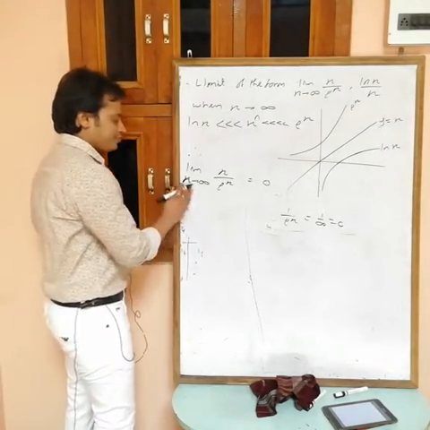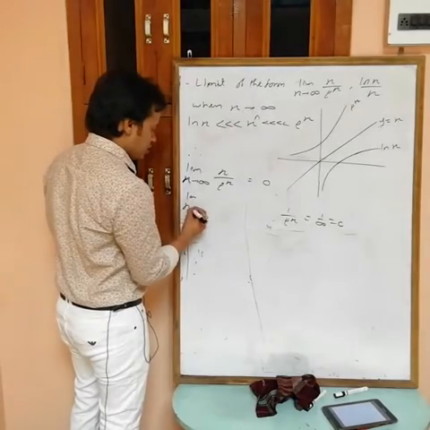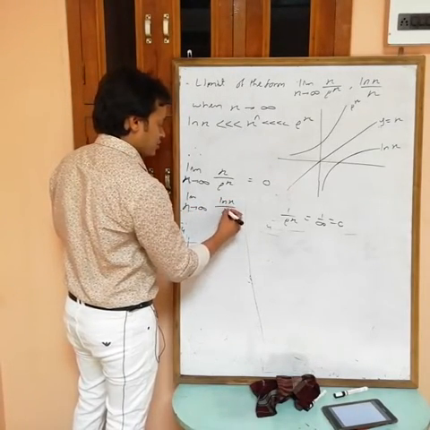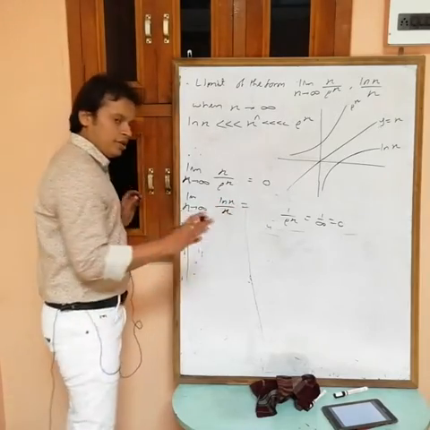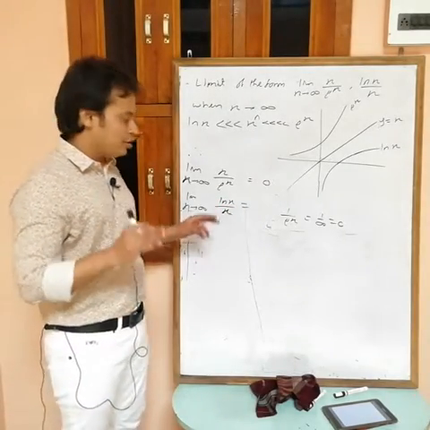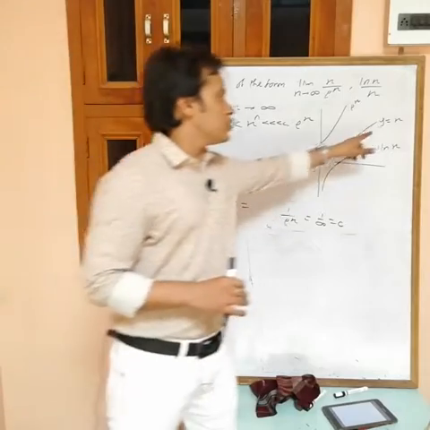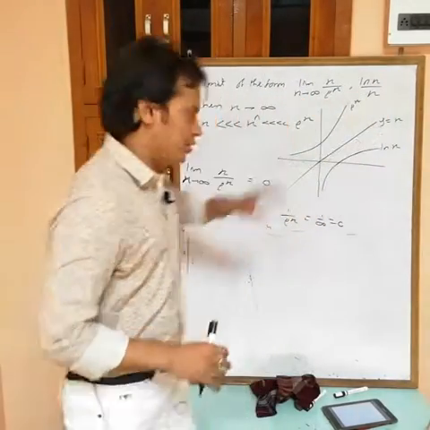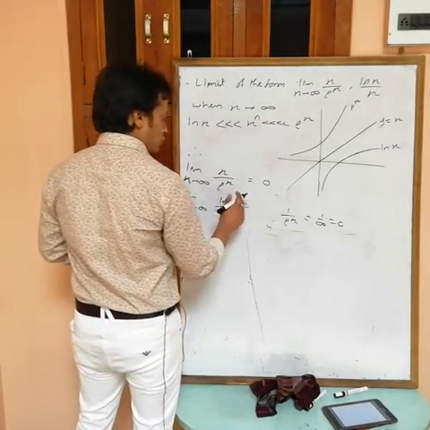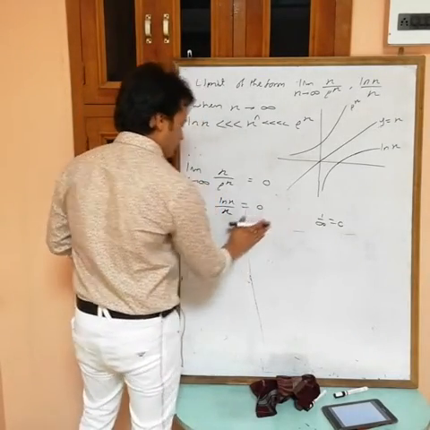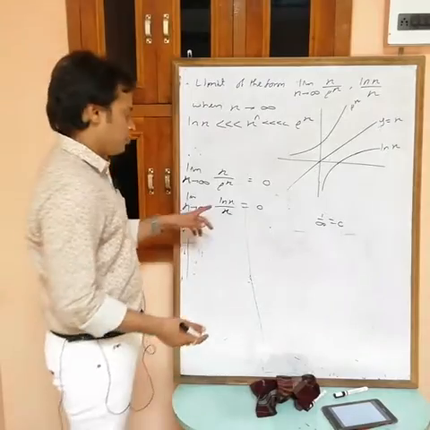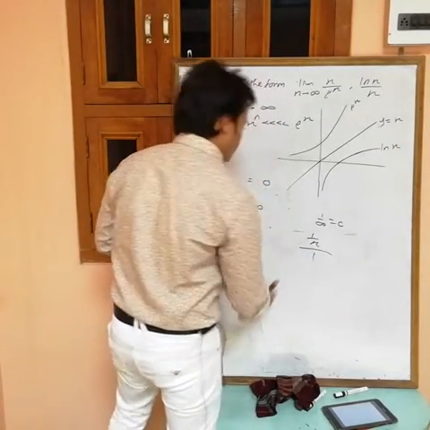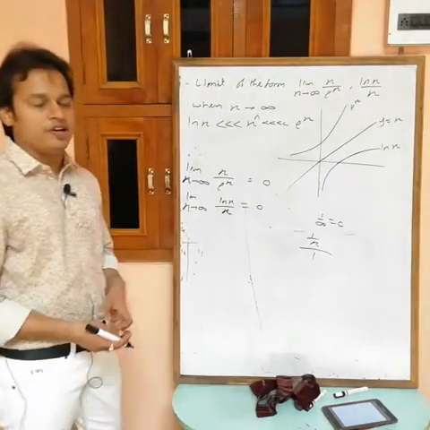Limit x tending to infinity, ln x by x: ln infinity is infinity, x is infinity, but if you compare these two, then ln x is much lower than this one at infinity. So this is also 0. Again you can use L'Hopital to prove this. Differentiation of ln x is 1 by x, derivative of x is 1, put x equals to infinity, 1 by infinity is 0.